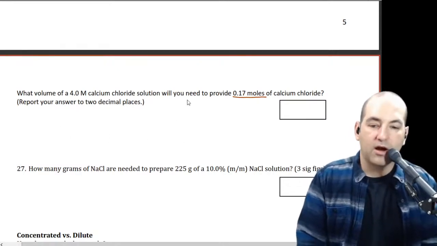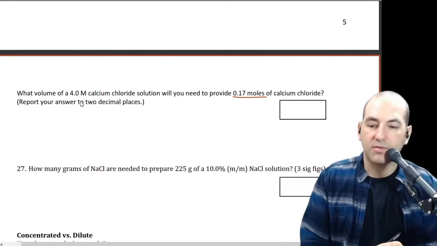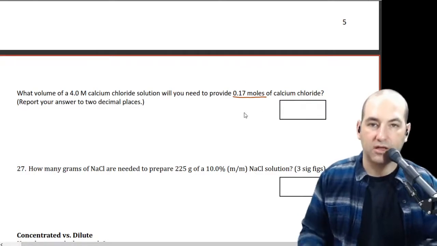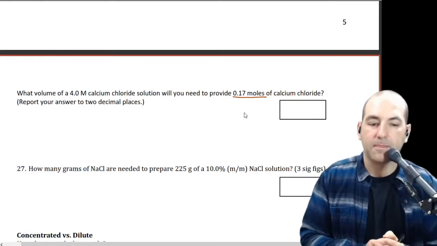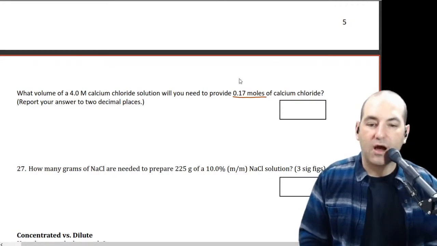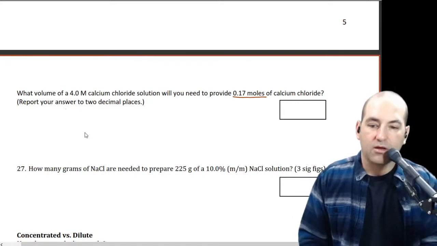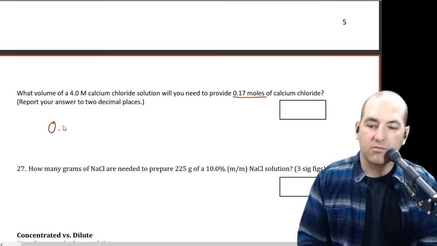So this is where a molarity becomes so useful because let's say you're actually doing a reaction and you need a certain number of moles of calcium chloride, which you calculated from the chemical equations for the reactions that you're doing. So to figure out how much calcium chloride you need in solution, we can just go 0.17 moles of calcium chloride.